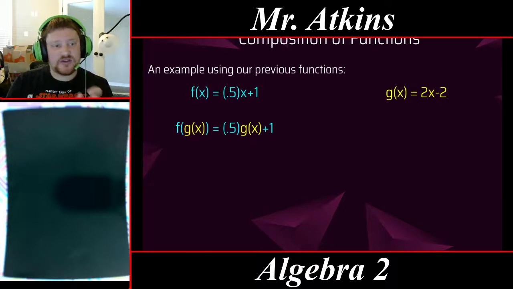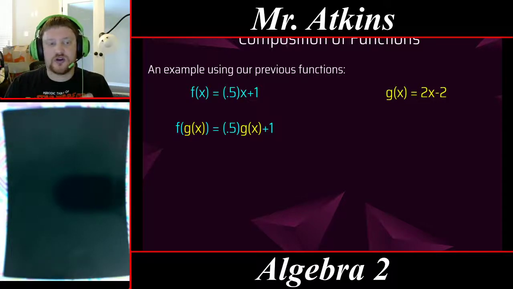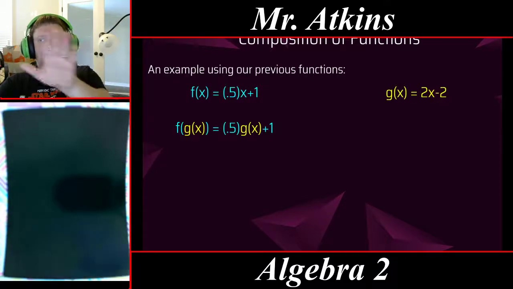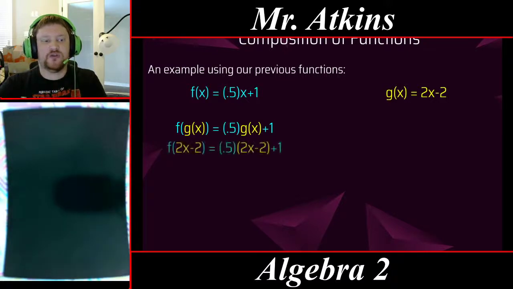Again, anywhere there's an x in your f, you're going to replace that with g of x. So we have 0.5 times g of x plus 1. When we actually substitute things in, we replace that g of x with what it actually equals, 2x minus 2. So now we've got 0.5 times 2x minus 2 plus 1.